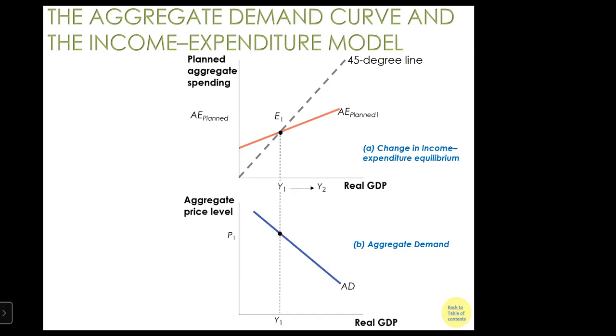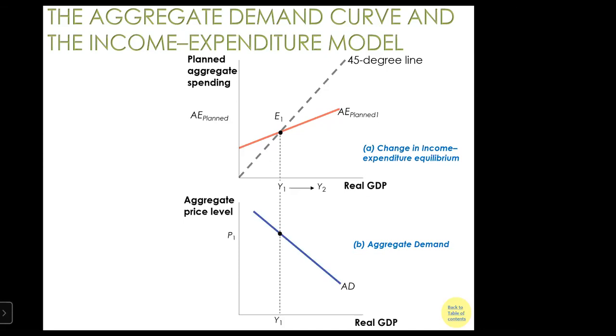Let's say, what happens if we allow price to adjust? Certainly, as we are going to see toward the end of this chapter, the price is going to come out as an equilibrium outcome.